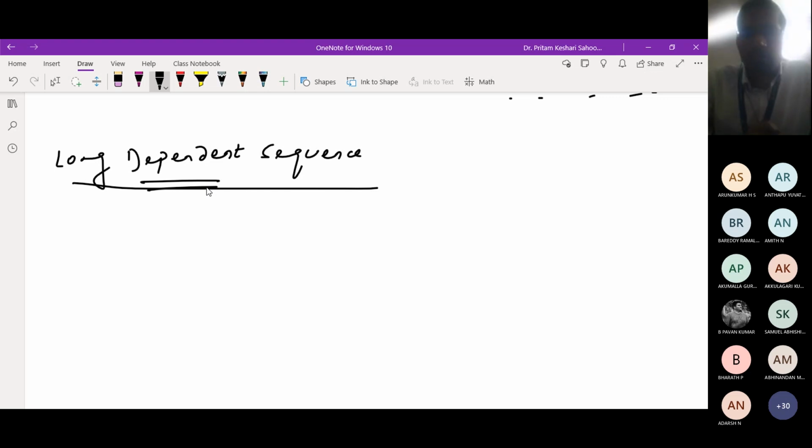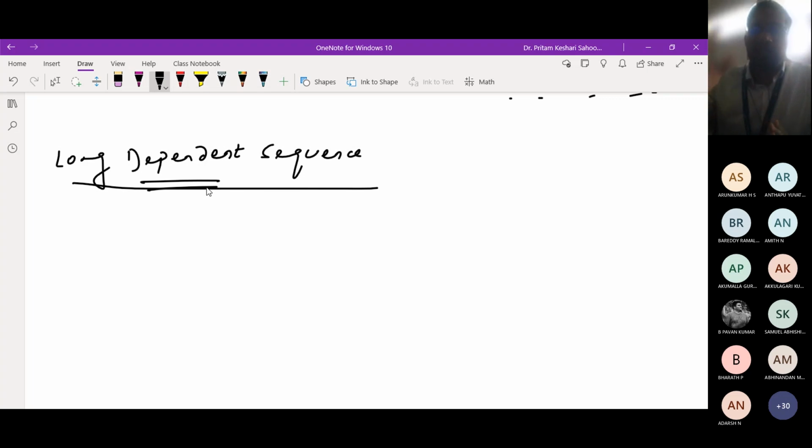Suppose a source is emitting a sequence of symbols, and any symbol in that sequence is dependent on the previous q number of symbols. Try to understand carefully what I am saying.